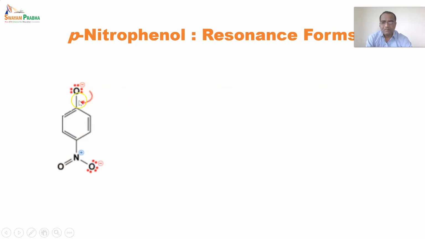That oxygen will now form a bond between carbon and oxygen, and the valency of the carbon and oxygen is satisfied, and it will break a further bond, and the carbon at the ortho position will now form a bond, so it will form an electron-rich center over here.